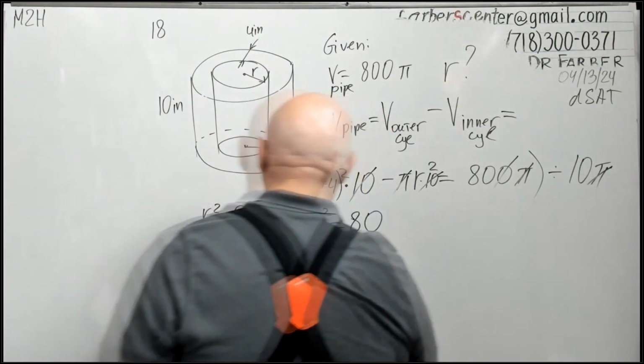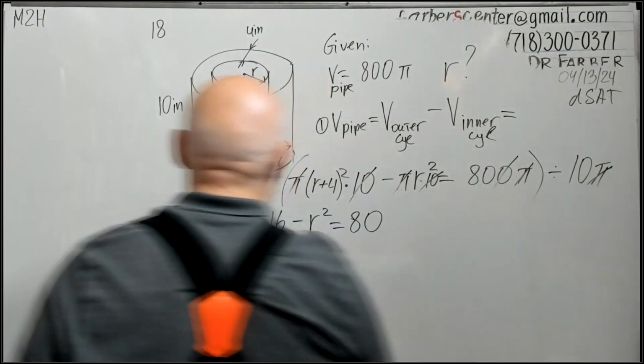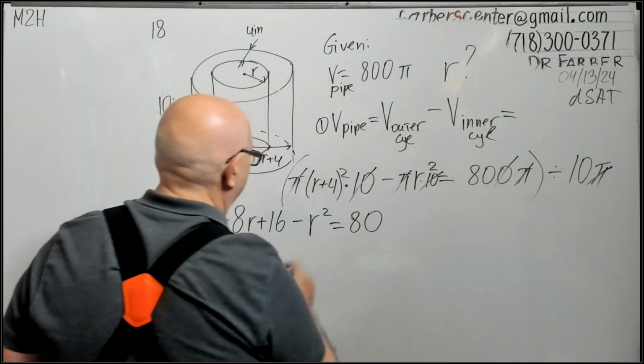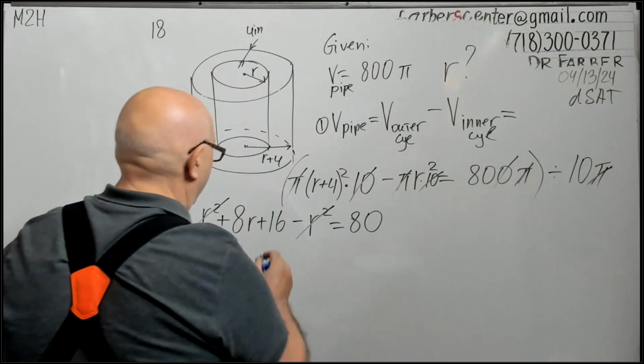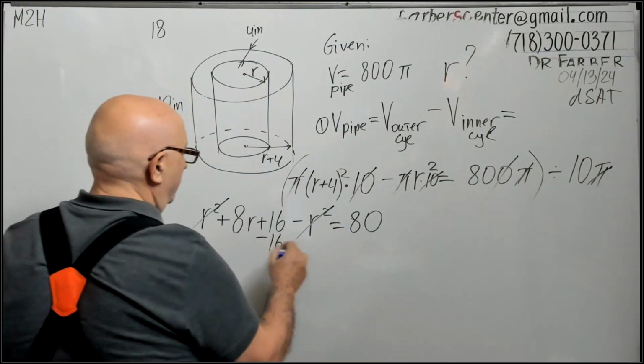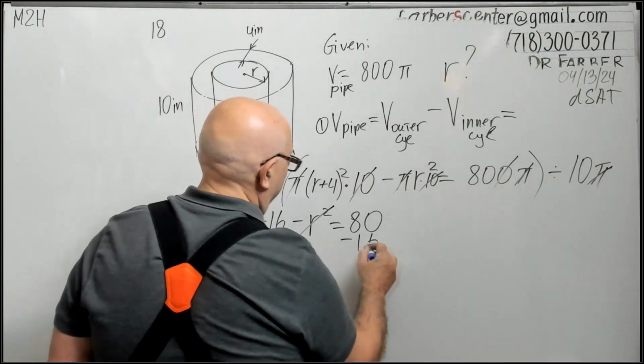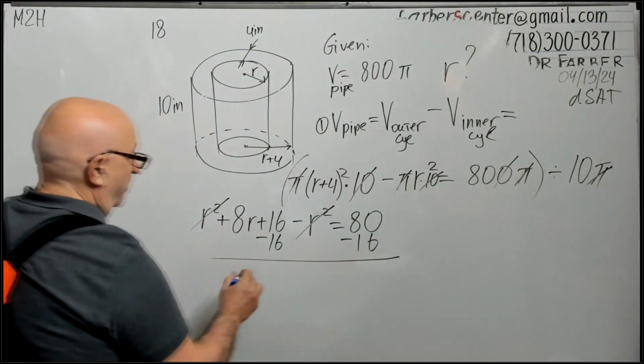What is left? Now R squared minus R squared cancel out. Minus 16 and minus 16, and bring down 8R.